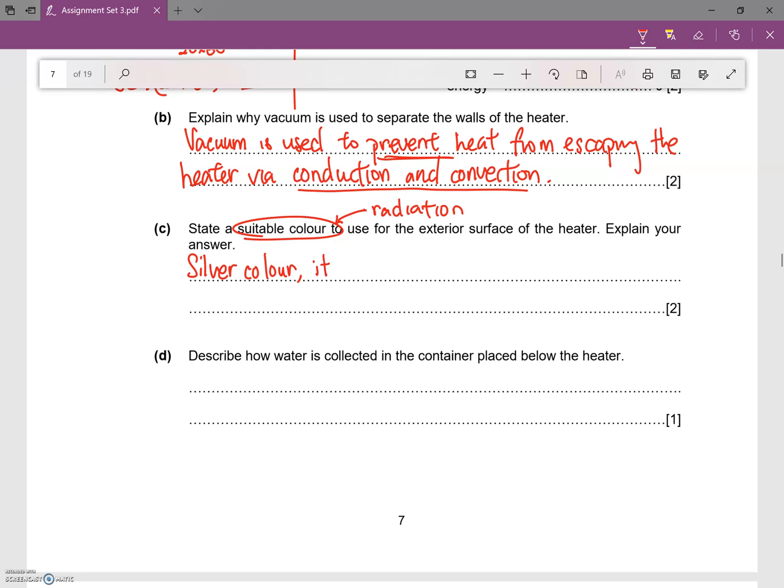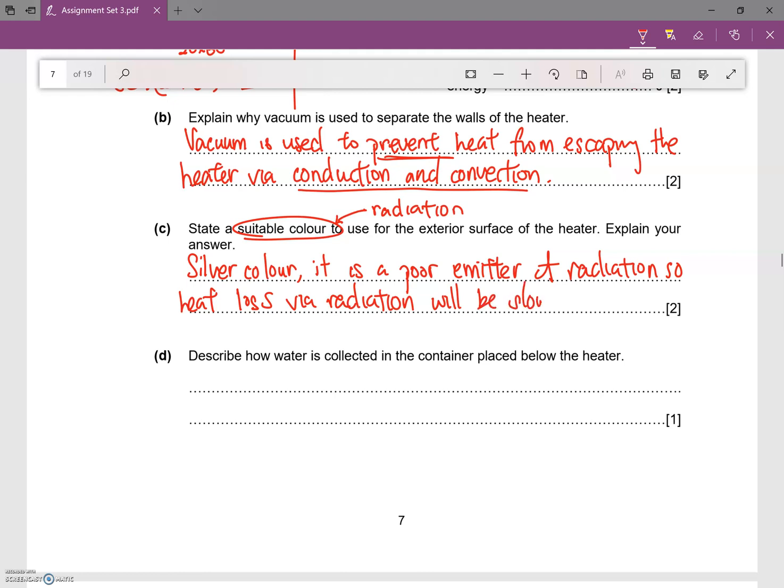Why? Because it is a poor emitter of radiation. So heat loss via radiation will be slowed down.